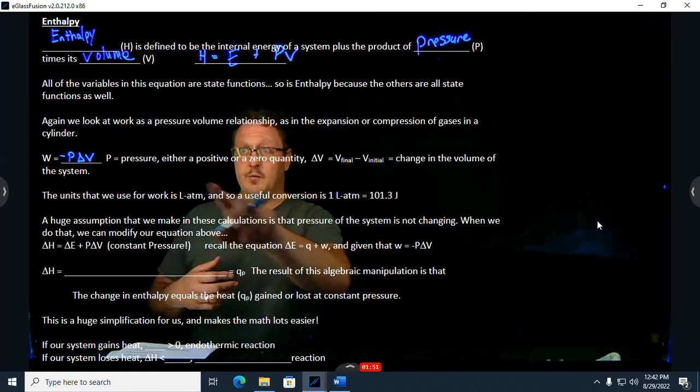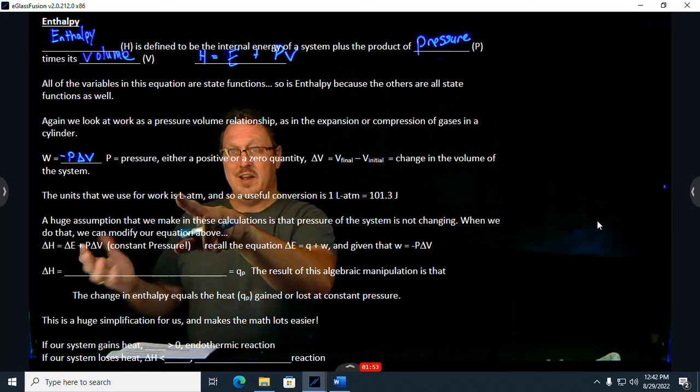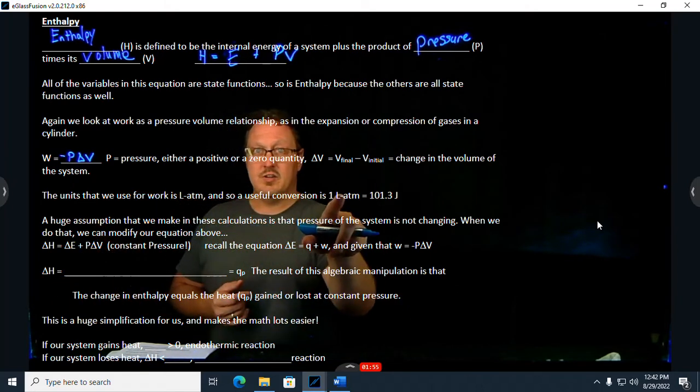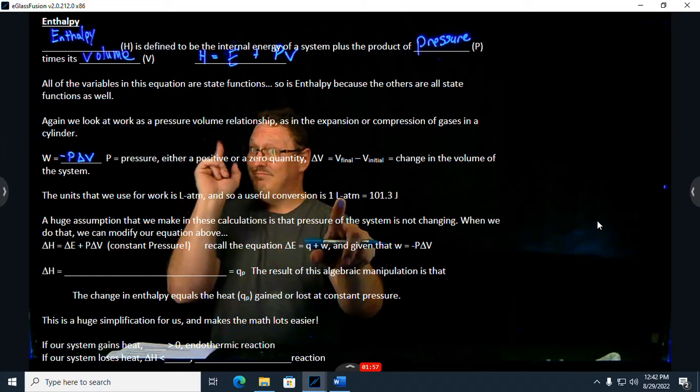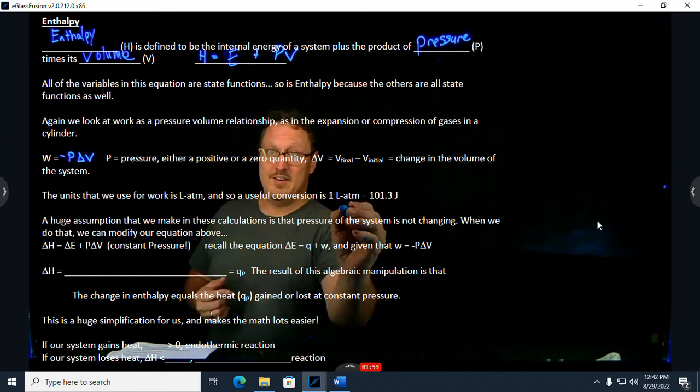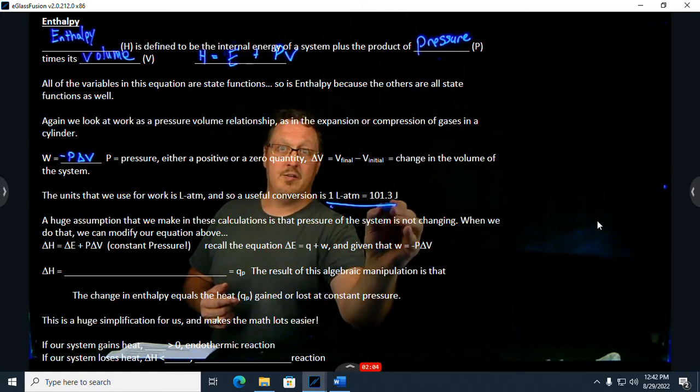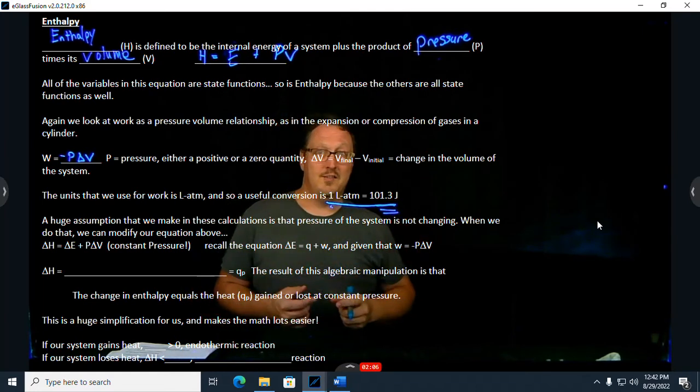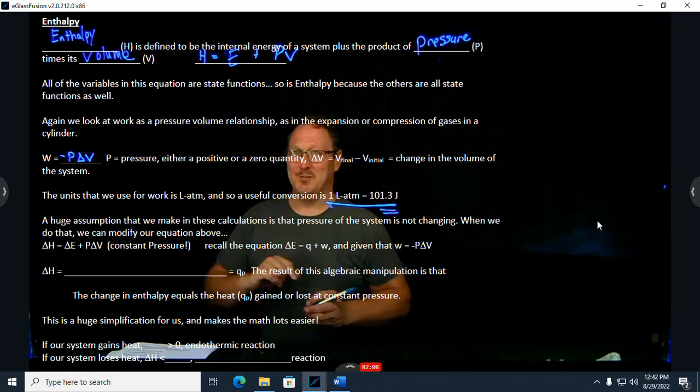The units we use for work are liter-atmospheres, and a useful conversion to know is that 1 liter atmosphere is 101.3 joules.